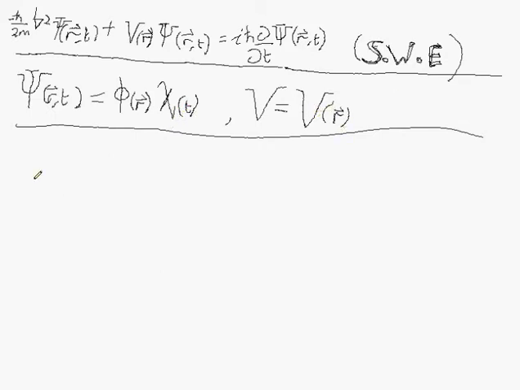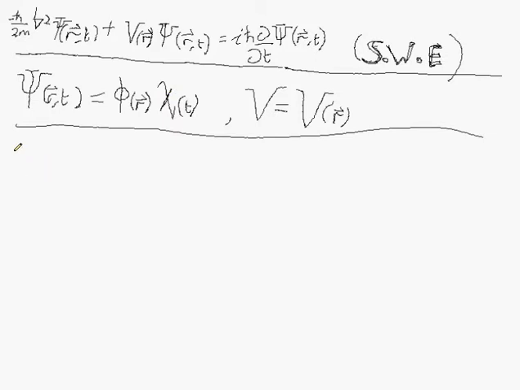Okay, so the first step of our derivation of the steady state and also of the time independent wave equation is to substitute, everywhere we have capital psi, the wave function, phi chi.